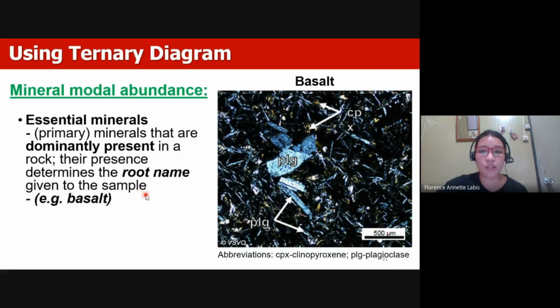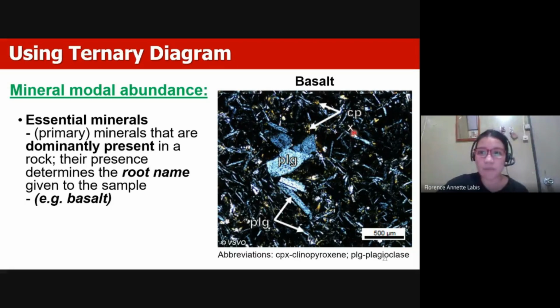So for example, this is a photomicrograph of a basalt. You can see here that a basalt consists primarily of plagioclase as well as clinopyroxene crystals. We can see here large plagioclase, okay? And even these slender and long crystals are also plagioclase minerals, although smaller compared to the bigger ones.